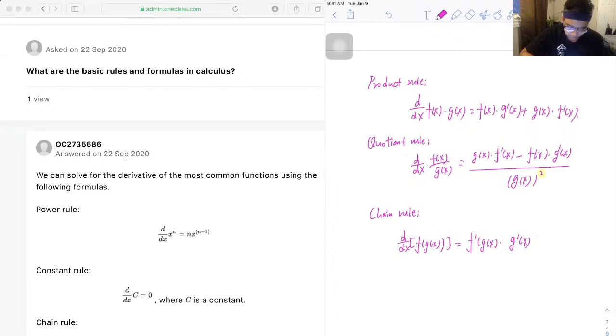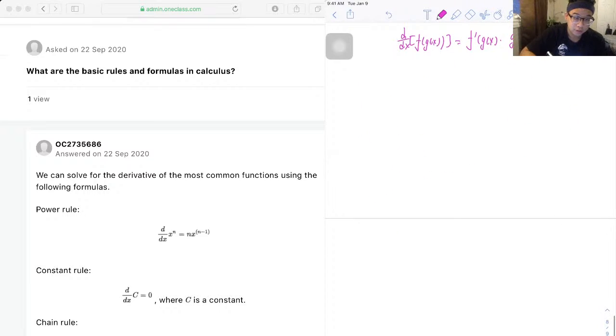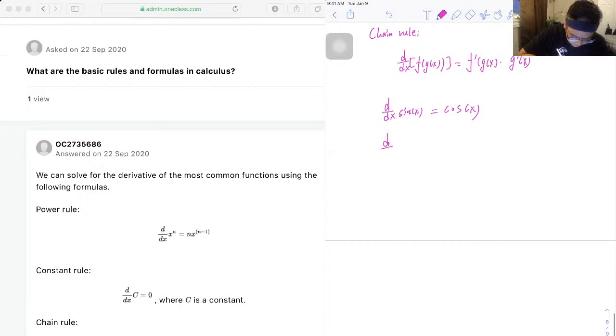In terms of trig functions, the derivative of sine x is equal to cosine x, the derivative of cosine x is equal to negative sine x, and the derivative of tangent x is equal to secant squared x.